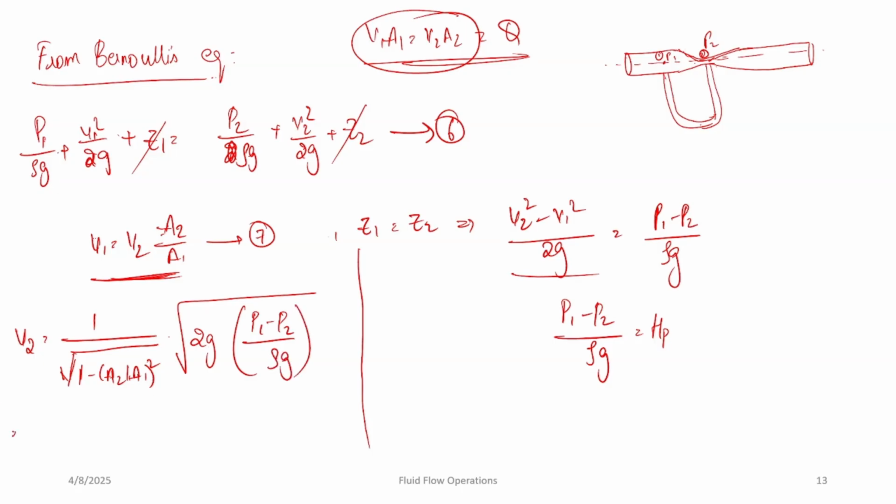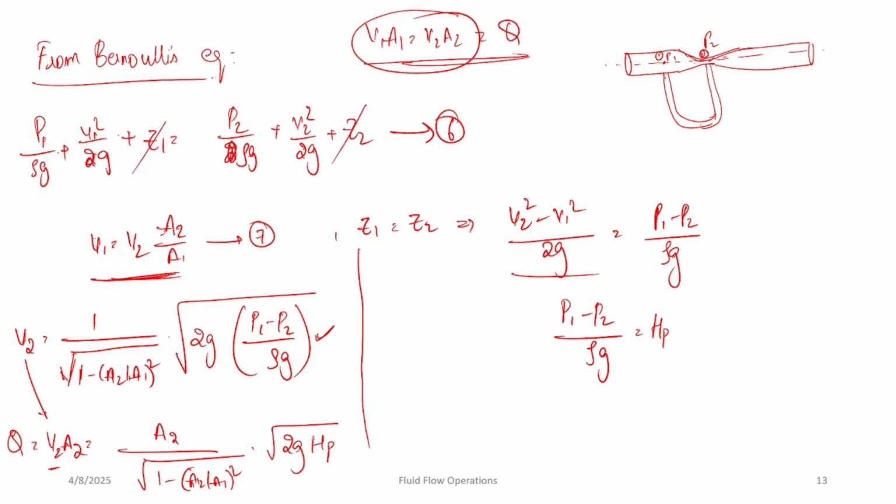And what is the formula for Q? That is V2 into A2. Just substitute V2 here. We get A2 by square root of 1 minus (A2 by A1) whole square, into square root of 2g, into HP, which is the pressure head.